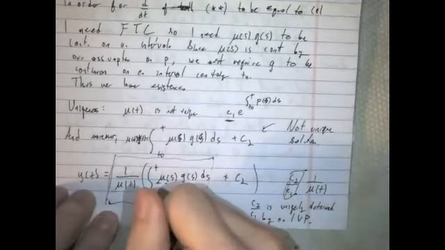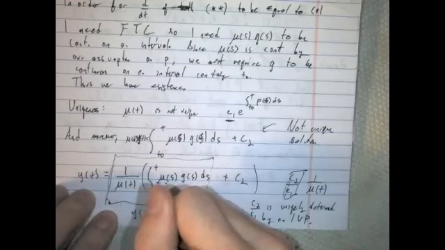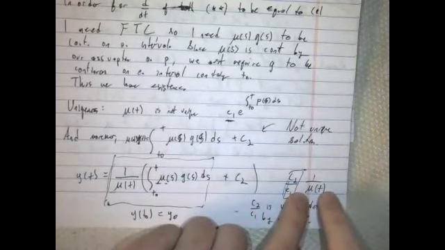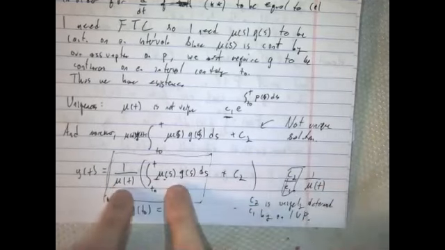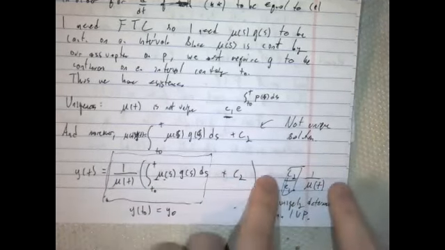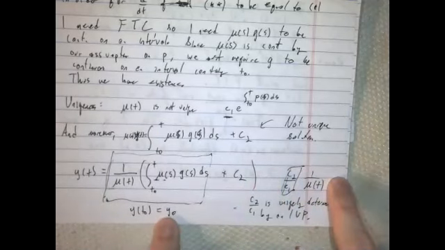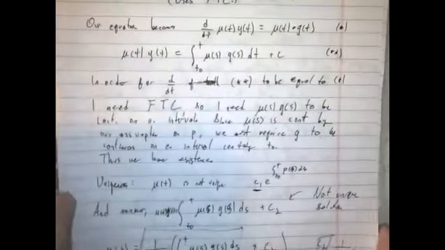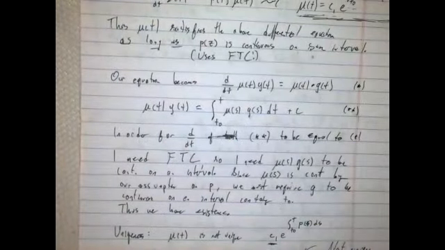That is, if I demand that y of t0 is equal to y0, then that will uniquely determine the constant in front of the 1 over mu of t term. And so then we have uniqueness. So this function is unique, and this function is unique once you specify an initial value problem. Okay, so this is the discussion of uniqueness and existence on some interval.